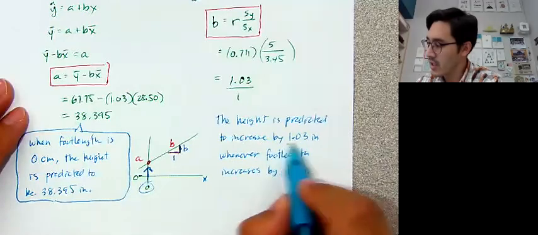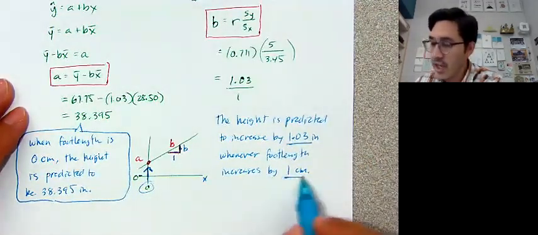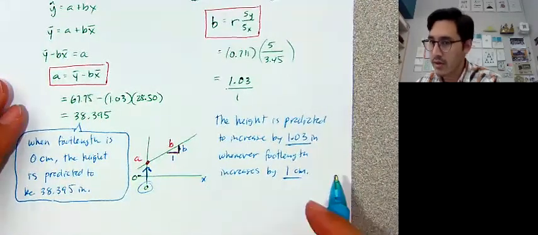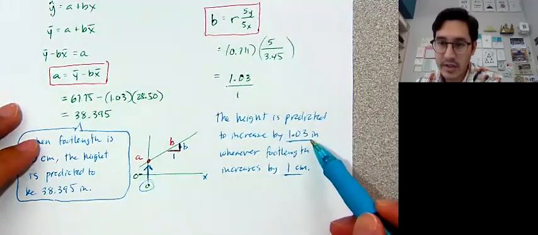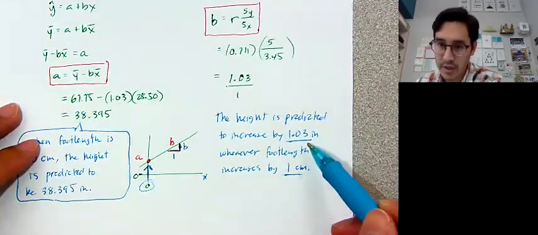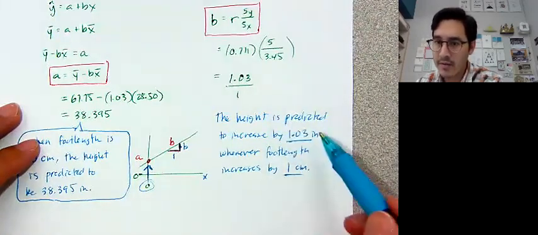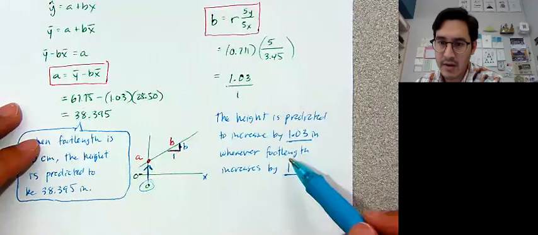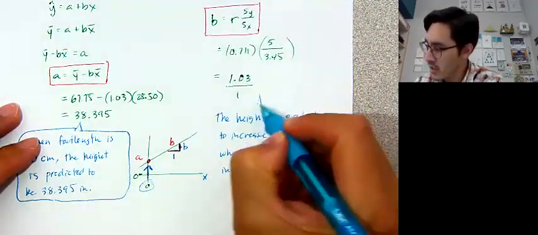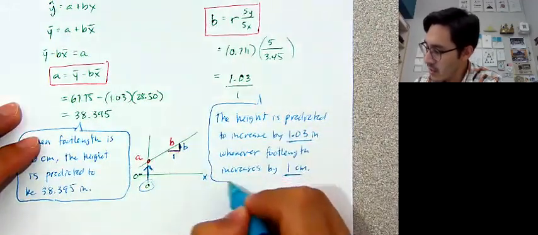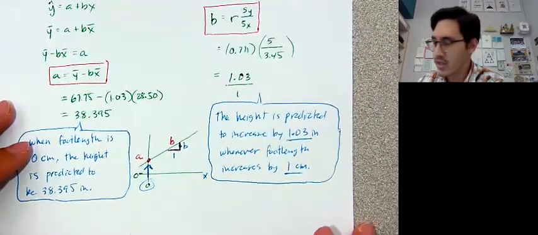So it's the change in the y variable, height, versus the change in the x variable, foot length. For every 1 centimeter we increase in foot length, the height is predicted to increase by 1.03 inches. And it's important here to also include units. Height is being measured in inches, and foot length, for whatever reason, is being measured in some other units. So it's always important that you include units anytime you are interpreting something in statistics.